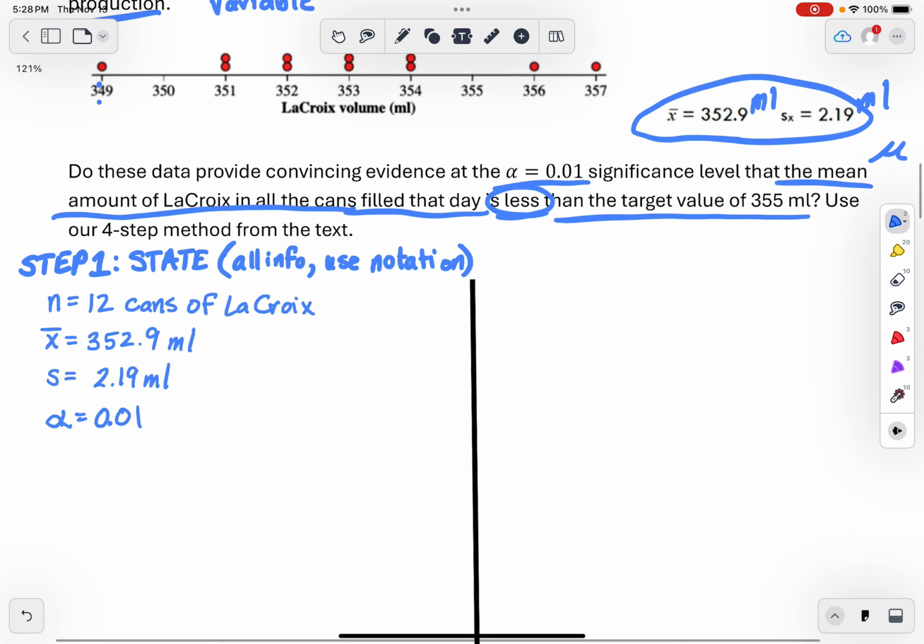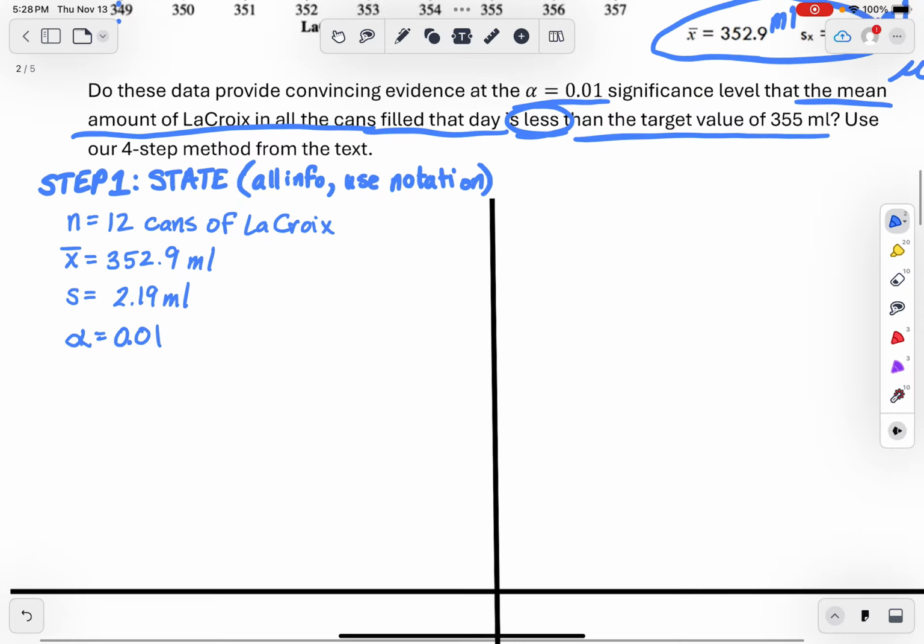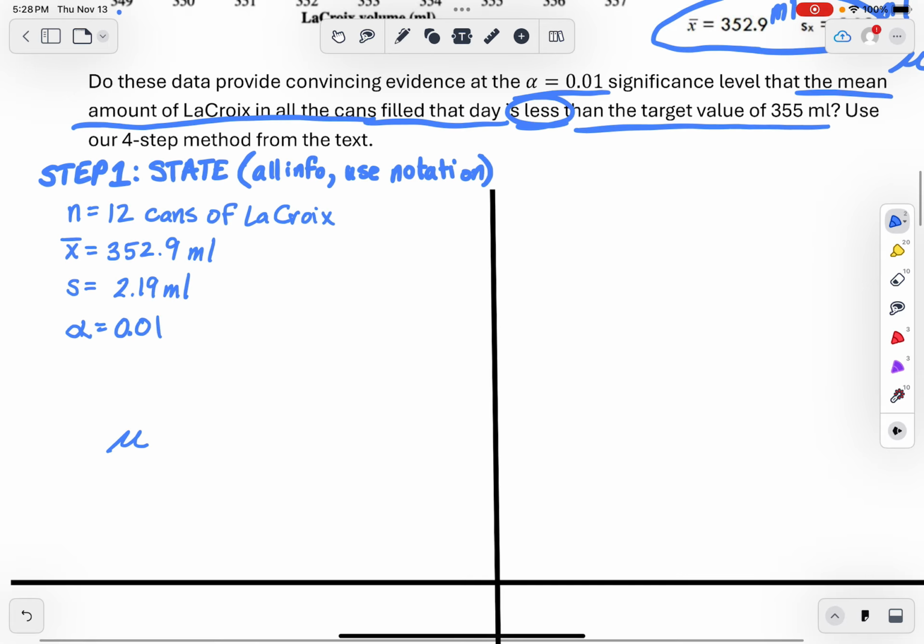Now translating this last sentence, the mean amount of LaCroix filled that day is less than 355. So I'm going to write that statement: the mean is less than 355 milliliters. Now I have to ask myself, is that going to be the null or the alternative hypothesis?